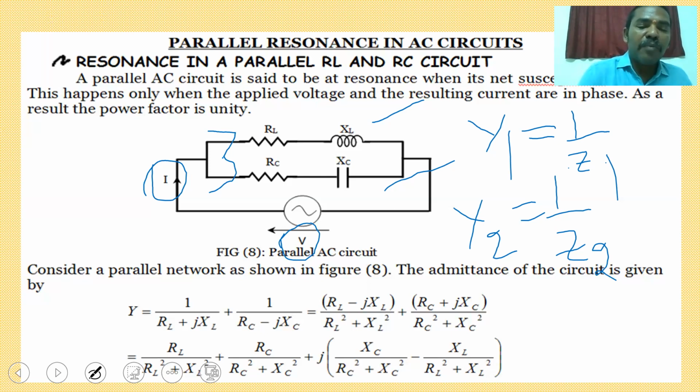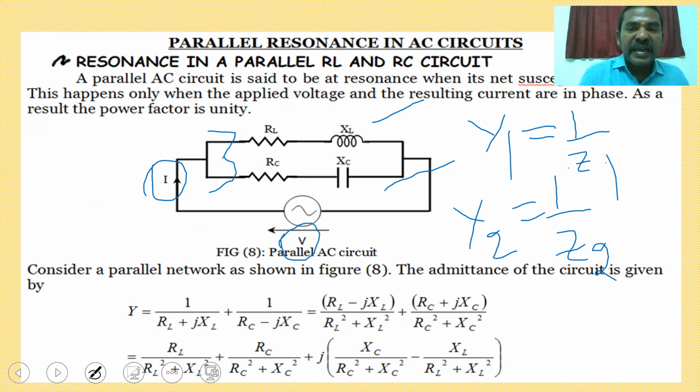Now I am going for the calculation of frequency. Total Y is equal to 1 by Z1 plus 1 by Z2, so 1 by RL plus jXL plus 1 by RC minus jXC. I am going for the rationalization: (RL minus jXL) divided by (RL square plus XL square) plus (RC plus jXC) divided by (RC square plus XC square).